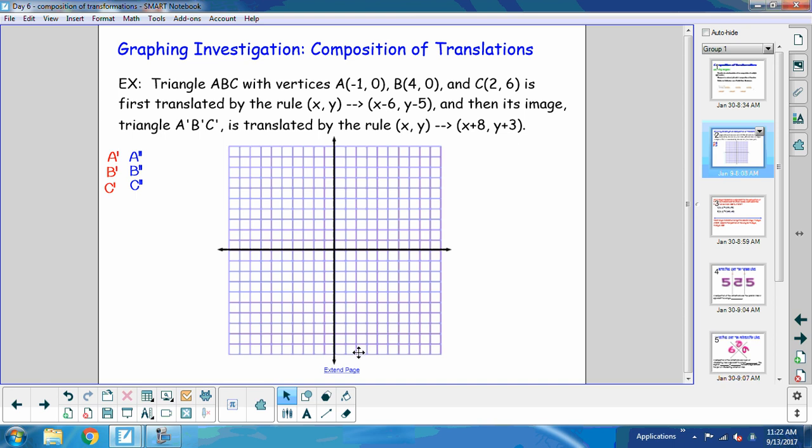All right, so let's first start by plotting our original triangle. I'm going to do this in green. So we have (-1, 0), (4, 0), and (2, 6).